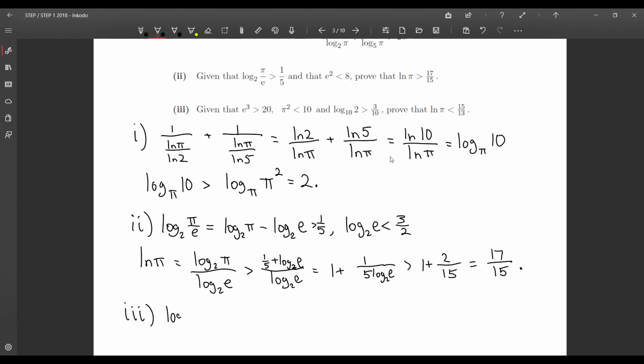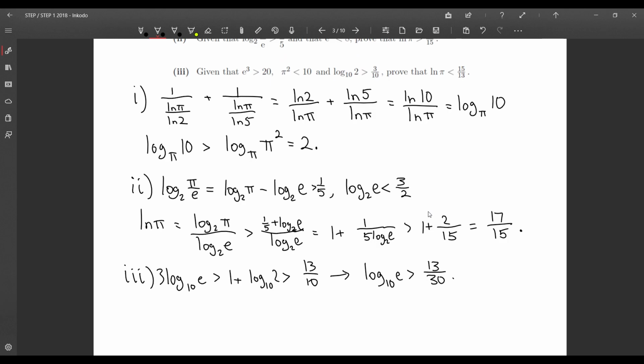So this is going to give us 3 log base 10 of e is greater than 1 plus log base 10 of 2, which is greater than 13 over 10. So the log base 10 of e is greater than 13 over 30.